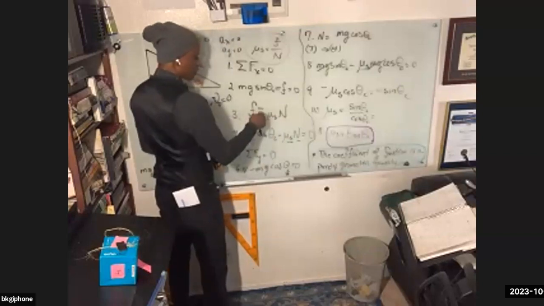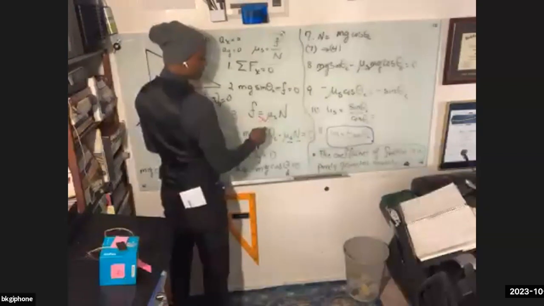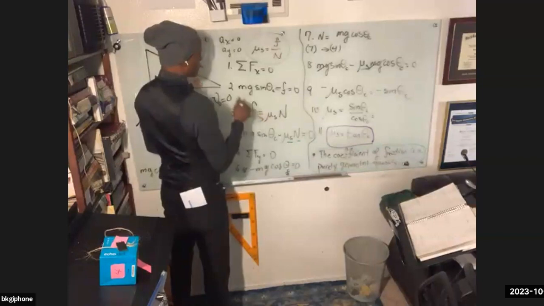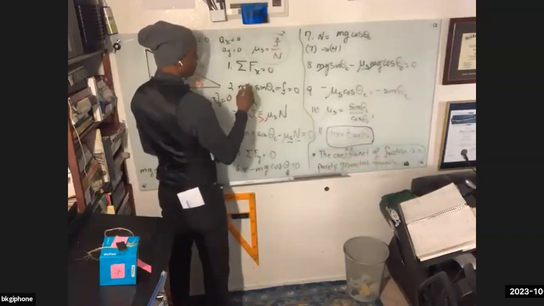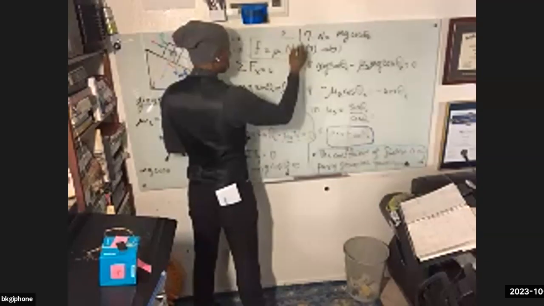And three equal signs means it's a definition. The way I did it in my notes is that when I define friction, I make it kinetic, and there it's defined as a coefficient of friction times the normal force in general.